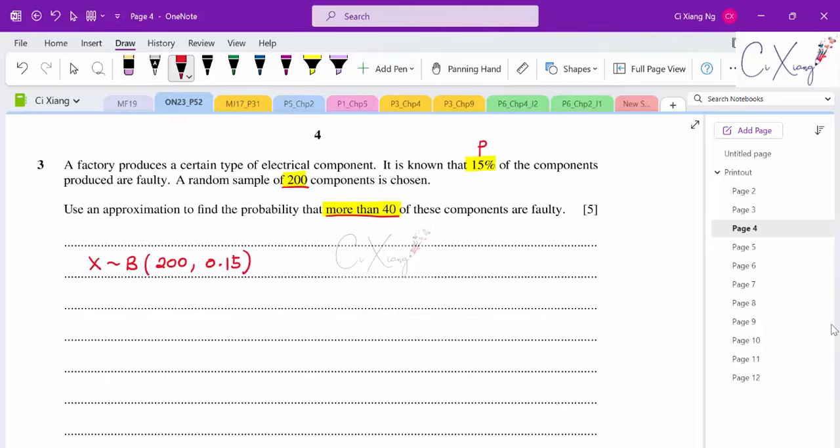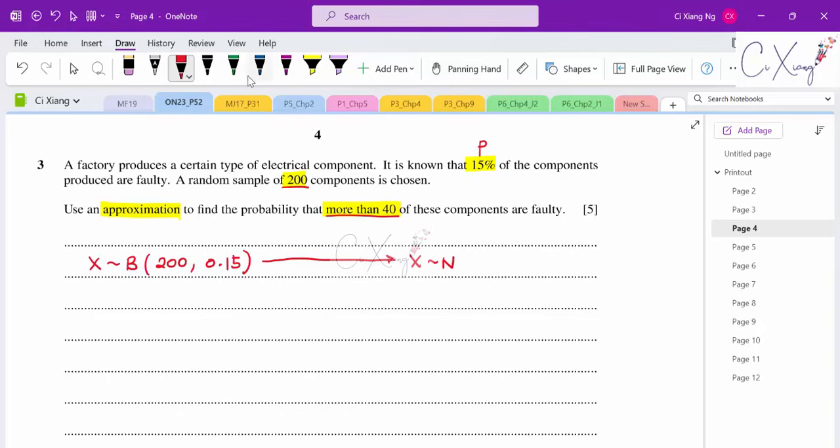When we have a large value of n, you can double check whether it fulfills the conditions to change to normal distribution or not. But for this question, they already give us a very obvious hint. You can see the keyword approximation. Approximation in AS, basically we only have one type of approximation, which is binomial to normal. So I can directly change it to normal.